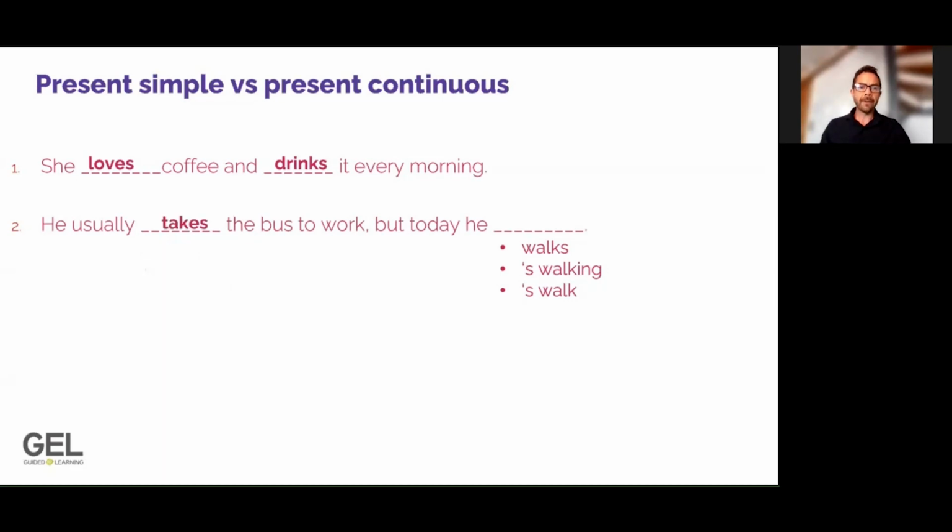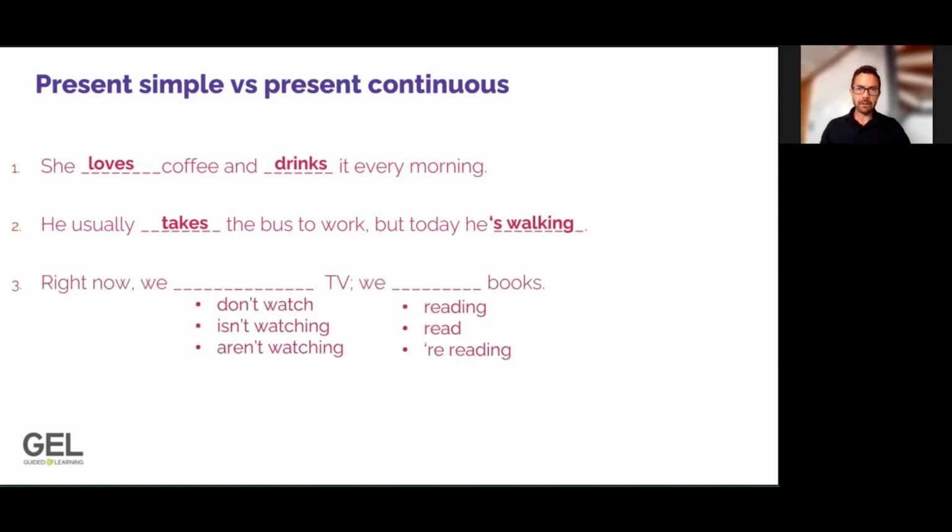So in that first gap, we would use takes because this is a usual action. In the second gap, we are talking about today. And so because this is in the present time moment, we would use present continuous. But today, he's walking.